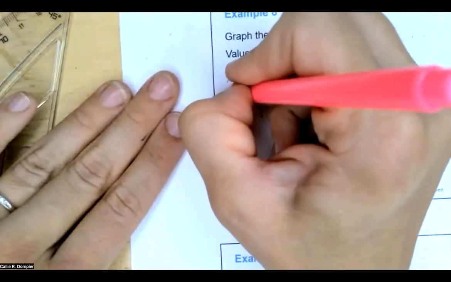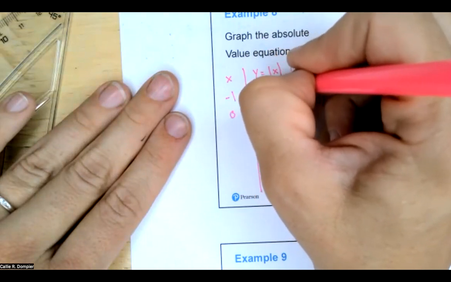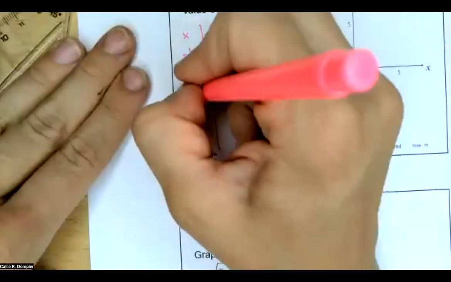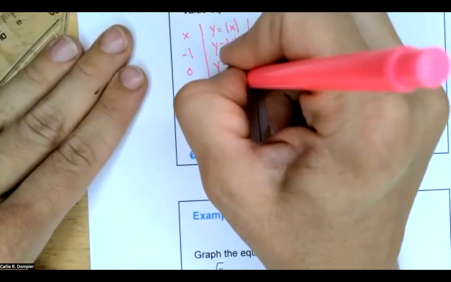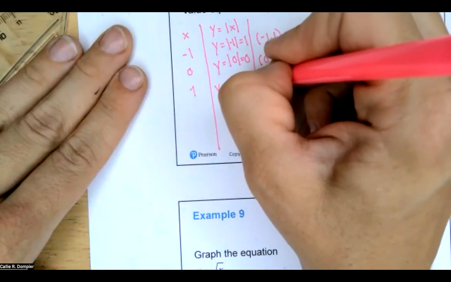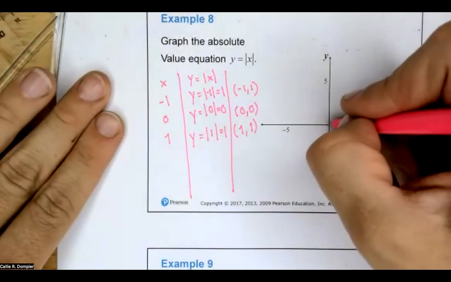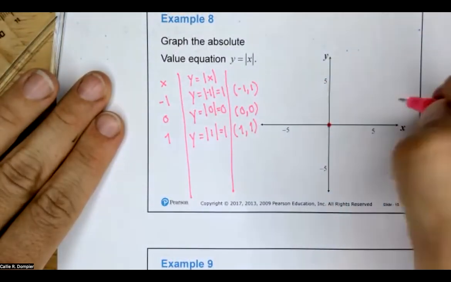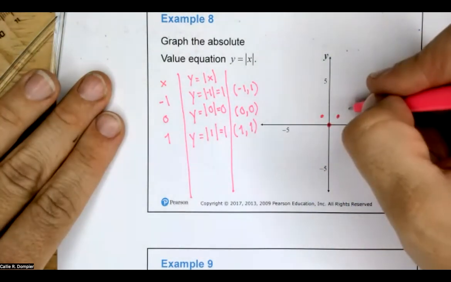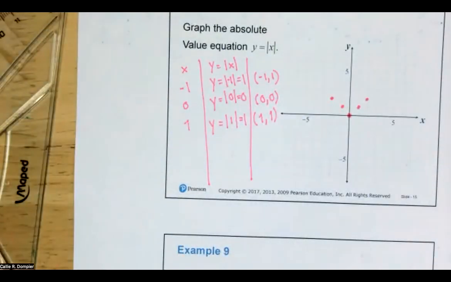If x is -1, the absolute value of -1 is 1. +1, the absolute value of 1 is 1. So it's a bit like the x squared, right? Where you start at the origin and then it's mirroring itself. But it's actually going to mirror itself more like this. And you can put that into Desmos as well.